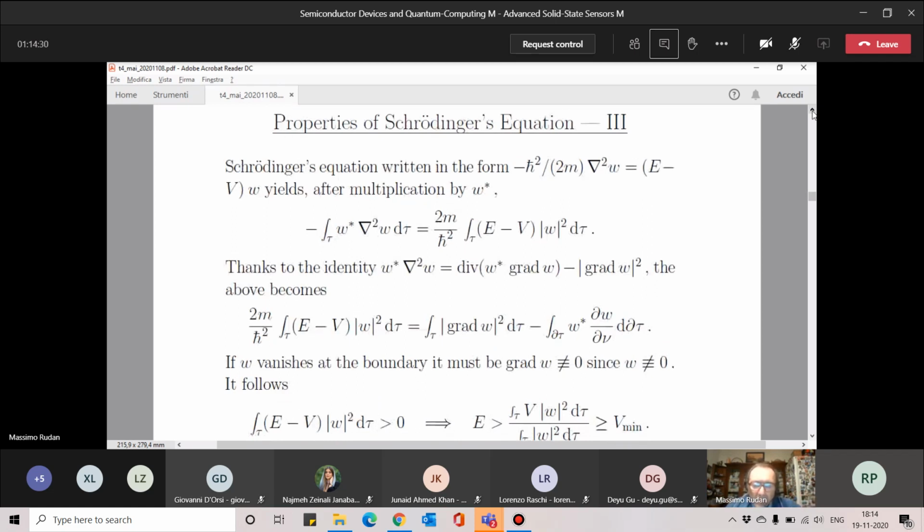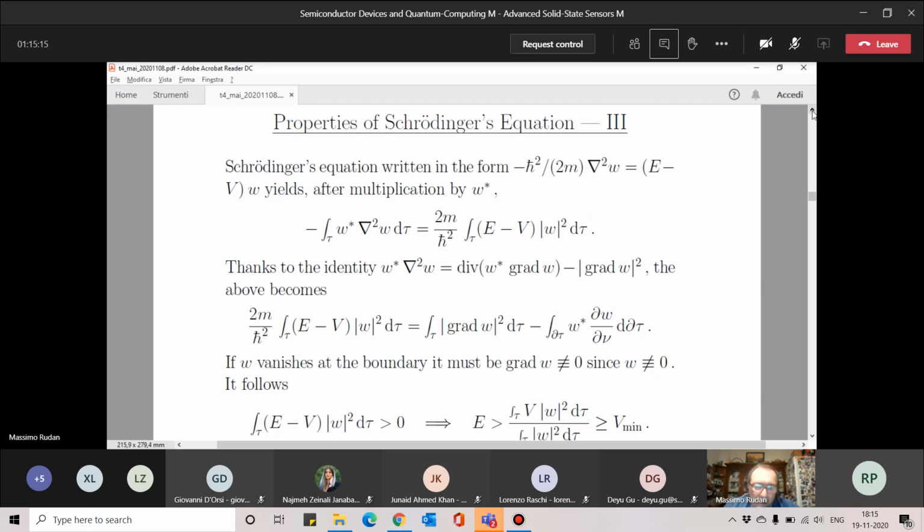So you rewrite the equation in the form that is written in the first line, minus h bar squared over 2m Laplacian of W equal to E minus V times W. Then you multiply both sides by W, and then you integrate over the volume. So obviously, in the right-hand side, when you multiply by the conjugate of W, what you get is W modulus square, okay? Because you have W star, that is the conjugate, times W.